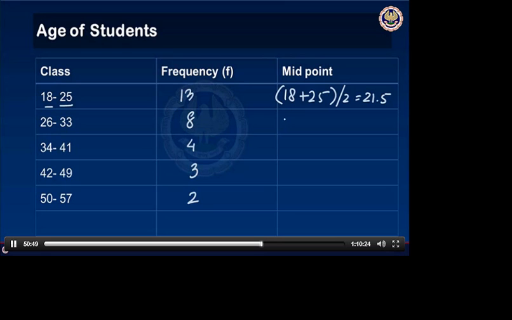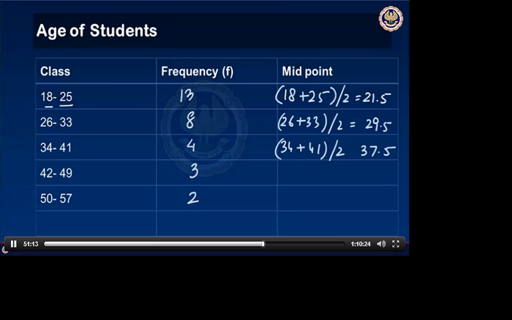So this is 26 plus 33 divided by 2. So we will get 29.5. Similarly, this will be 34 plus 41. This will be divided by 2, so we will get 37.5.